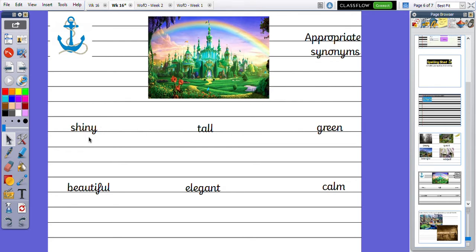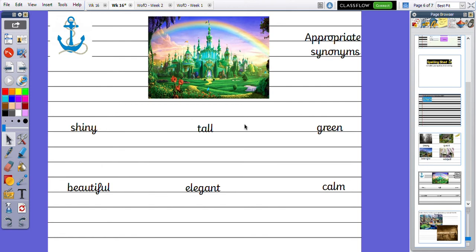So use the thesaurus, or I have put a link to a thesaurus under this video on the web page where you can go and find some synonyms. So find synonyms for the word shiny, find synonyms for the word tall, but make sure that they are appropriate to use for this picture.